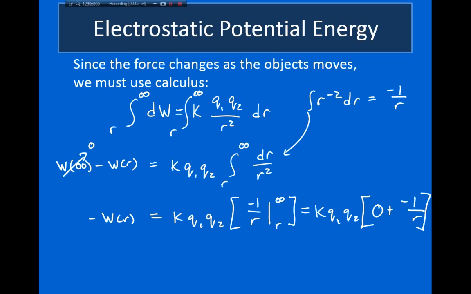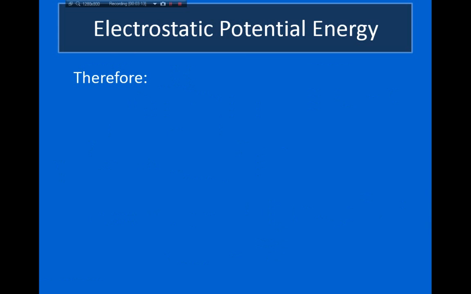So we have 0 minus a negative 1 over r, so that's positive 1 over r, but we still have the negative sign over here, so the work that is done is going to be equal to minus k q1 q2 divided by r. Now because the potential energy is equal to minus the work, the potential energy associated with two charged particles is equal to k q1 q2 divided by r.